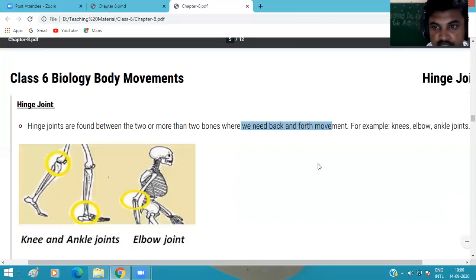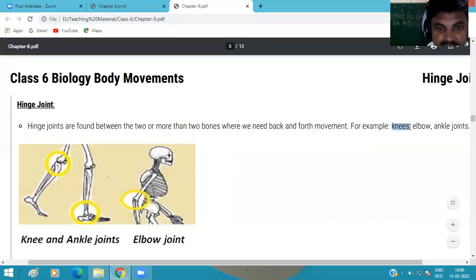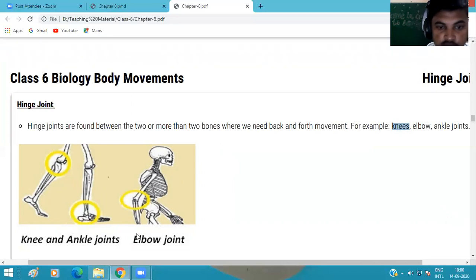For example, knees, elbow, ankle joints. These are examples of hinge joints. When we try to move our hand, it moves in a limited direction from here to here and back to the straight form, but we cannot fold it backward.